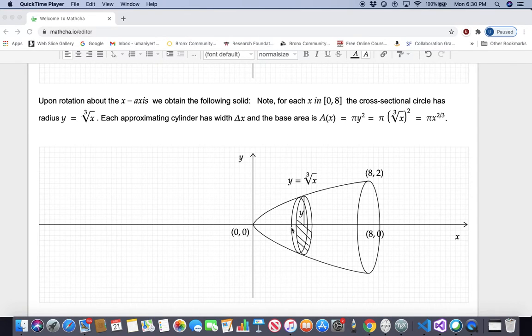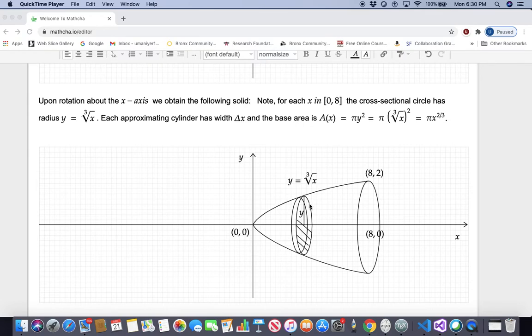Each approximating cylinder, so that slice there, when you cut it, you are looking at each thin slice. Each slice is a cylinder of width delta x, because I'm supported on the x-axis.